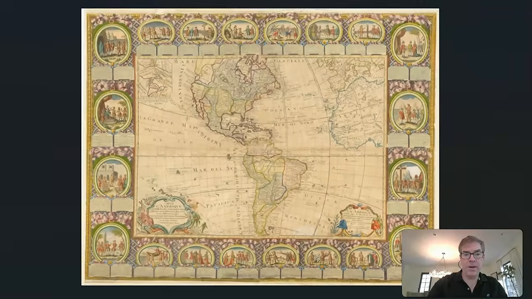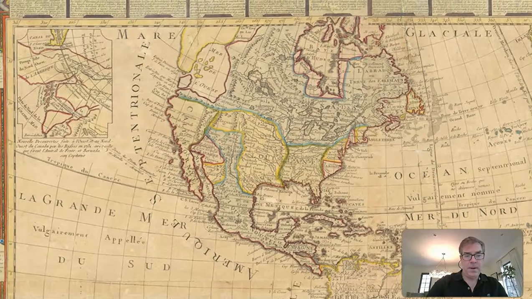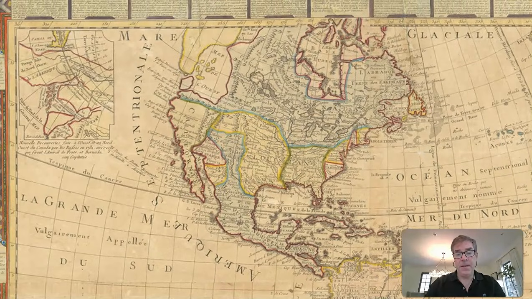You can see here another map, and you can see California is no longer an island. You can see this large sea there where this peninsula is. And this is called the Sea of the North. This is no longer there, but it was at that point in time.